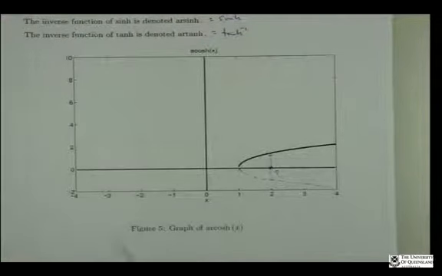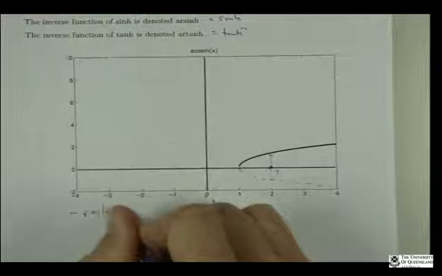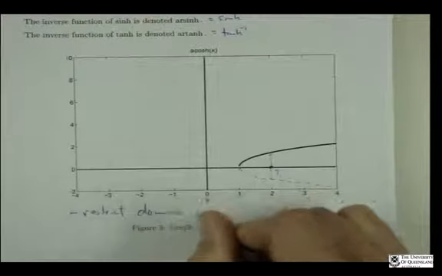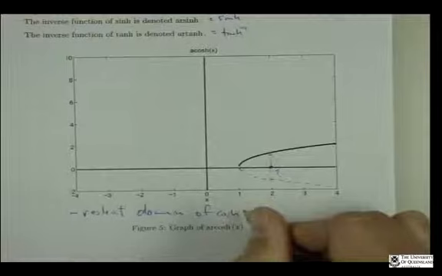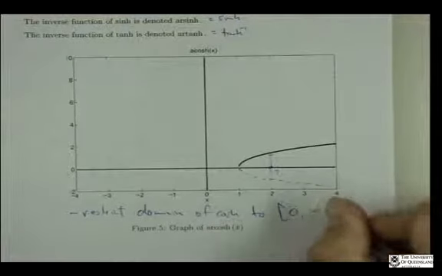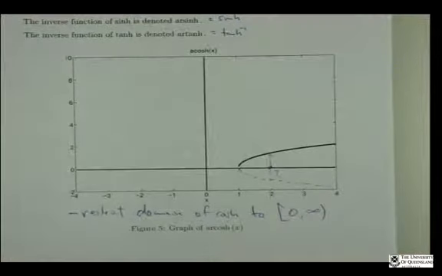So in order to do that, we restrict the domain of cosh to just real numbers greater than or equal to 0, or in other words, to that interval from 0 to infinity.